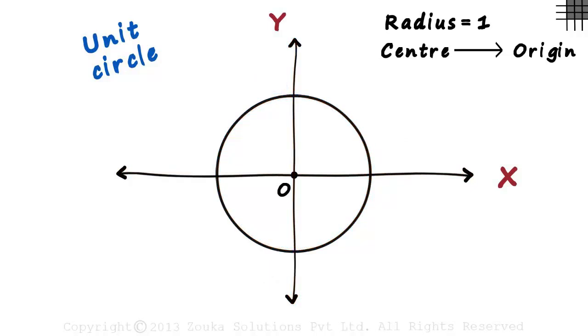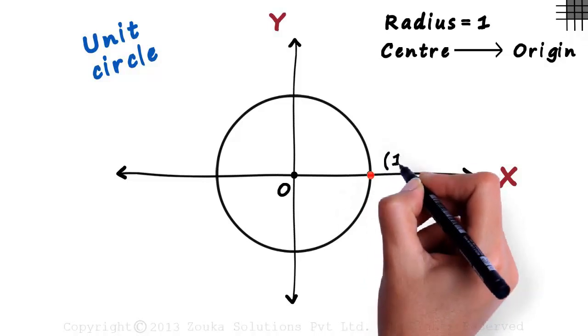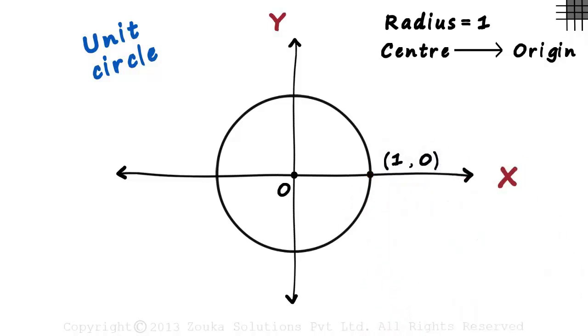Let's find the coordinates of those points. This point lies on the x-axis, which means its y-coordinate will be 0. As the radius of the circle is 1, its x-coordinate will be 1. The coordinates of this point will be (1, 0). What about the coordinates of this point?